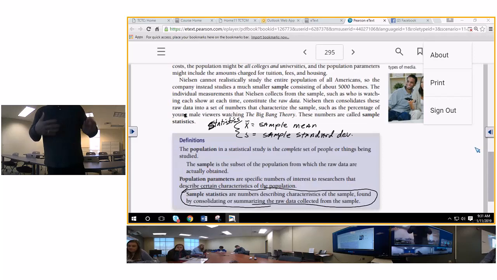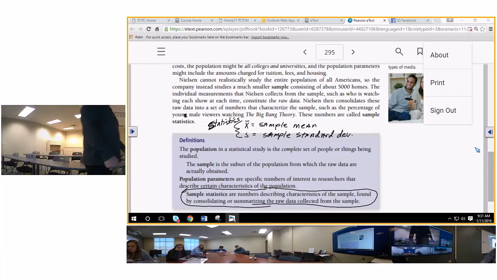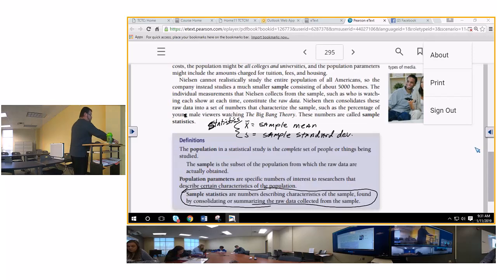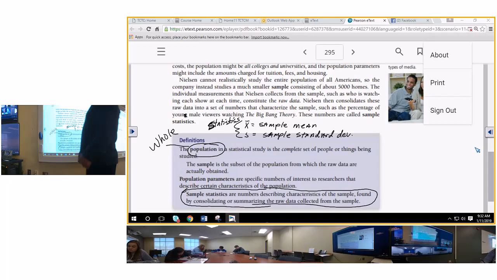The whole is called the population. So if I want to know how many people are in the Marlboro Club at Tri-County Technical College, that would be the population. The population would be Anderson campus, Pendleton campus, Sandy Springs campus, Easley campus, Oconee campus, all the campuses.